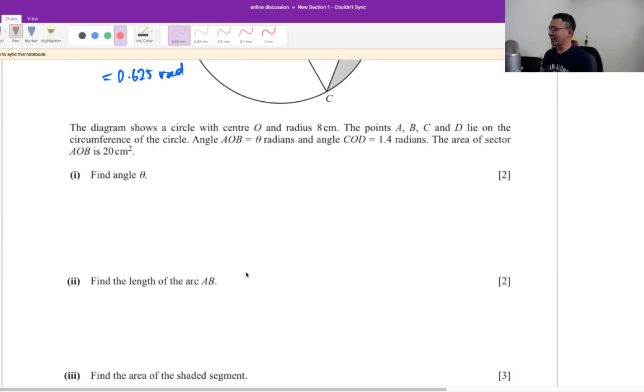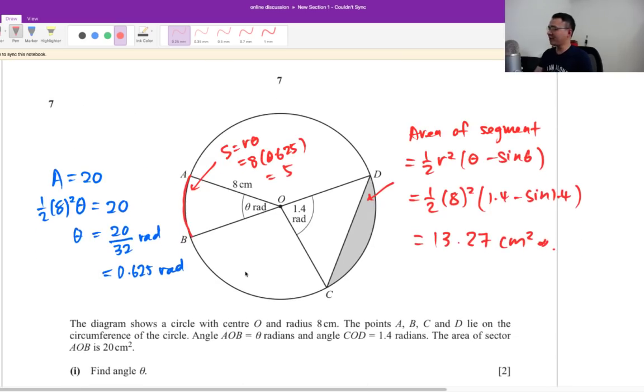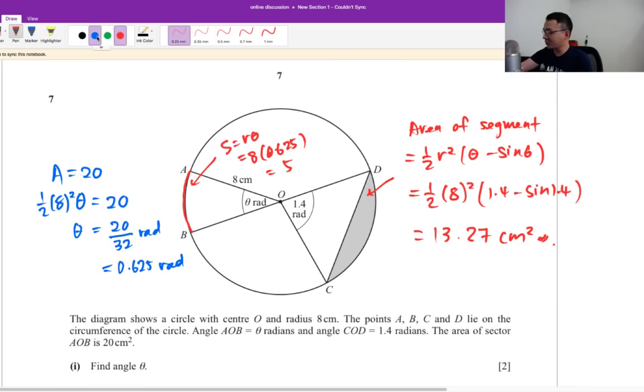Okay, why is it sine rule? Okay, let me explain a little bit on this one, since the student actually asked me. So the area of sector is half r square theta. This is the area of sector. And then the formula for area of triangle is half ab sine C. In this case, a is r, b is r, C will be the angle in between, right?